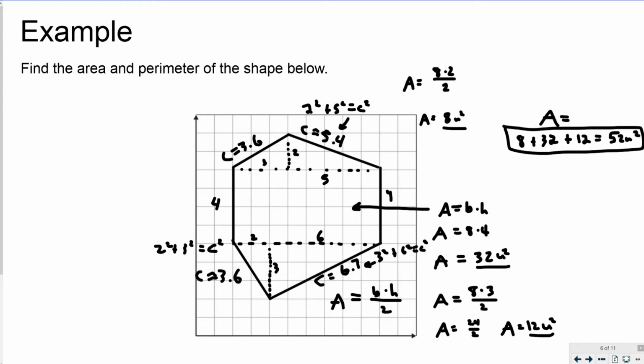So now I can just add up all of those sides. I've got the 4, the 3.6, the 5.4, another 4, 6.7, and 3.6. So let's go ahead and add them all up.